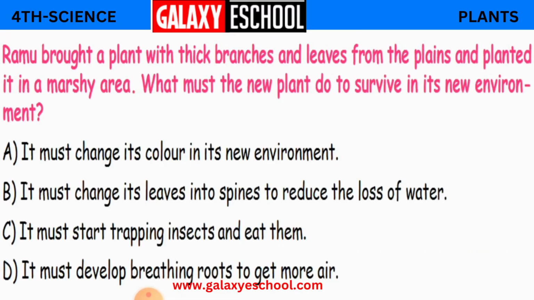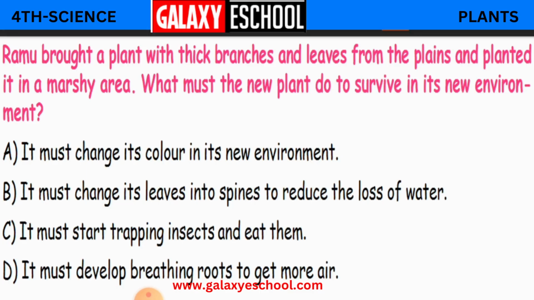The next question here. Ramu bought a plant with thick branches and leaves from the plains and planted it in a marshy area. What must the new plant do to survive in its new environment? So what did Ramu do? He brought a plant with thick branches and leaves from the plains. Plains is the flat land surface area.